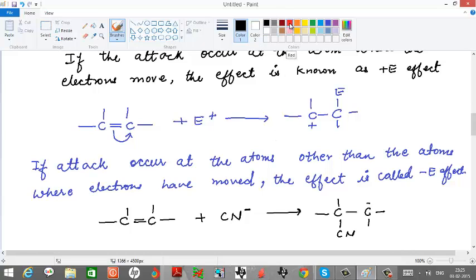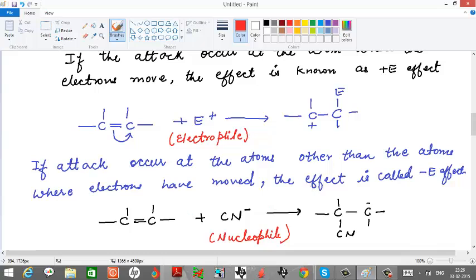So the key point is that whenever an electrophile is attacking a doubly bonded carbon atom, the electrophile will always attach to the carbon atom where the electrons have moved. Whereas in case of a nucleophile, the attacking nucleophile will attach to the carbon atom from where the electrons have moved.